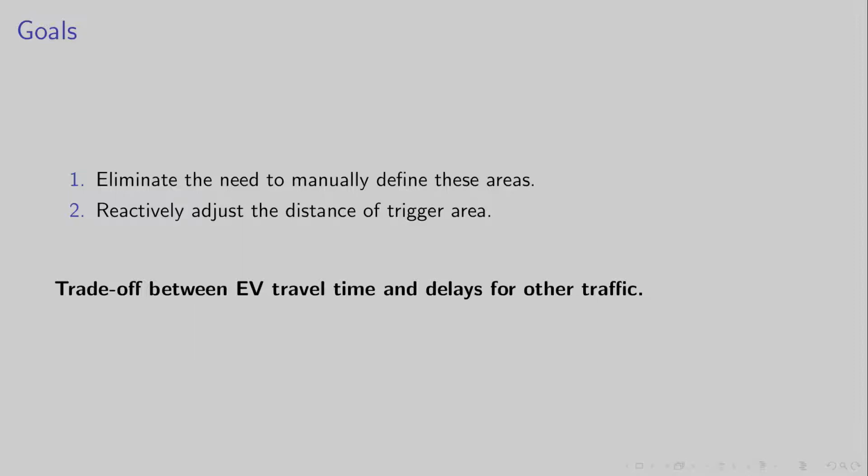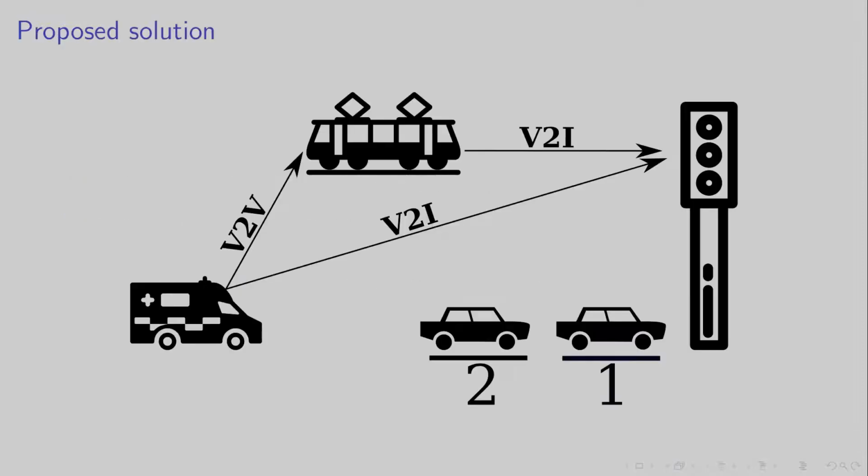This brings us to the goals of the proposed solution. We want the new preemption method to be easier to deploy to new intersections without manual settings of the trigger borders, and we want the trigger distance to be adjusted based on the current traffic situation. You can see a schematic picture of the method.